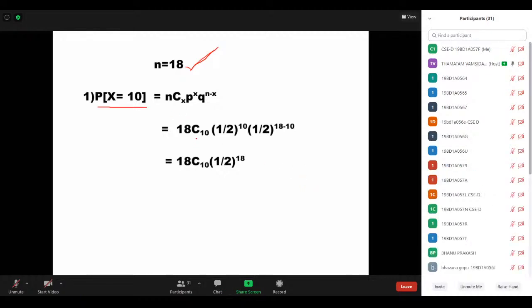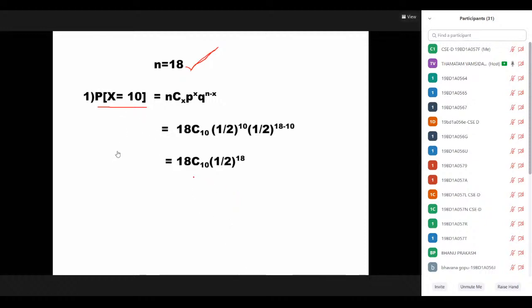N is 18, x is 10, and p is 1 by 2, so it is 1 by 2 to the power x, into 1 by 2 to the power n minus x, where n is 18 and x is 10. Now all of you simplify, and you can get the required probability.